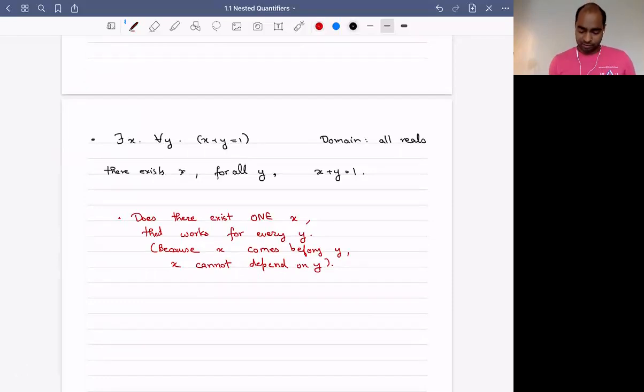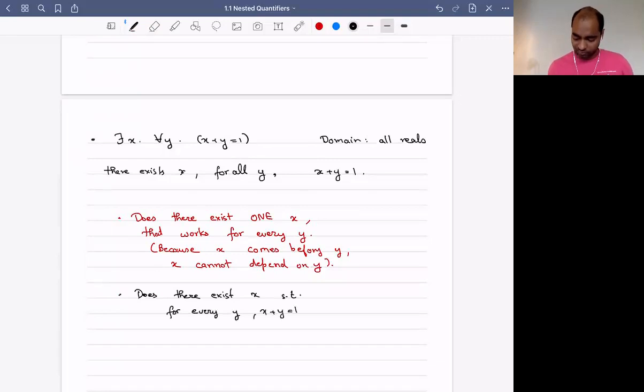And let's check. So the thing is, here you have to come up with an x just out of the blue, one that works for every y. Now we're coming back to our original problem. Does there exist an x such that for every y, x plus y equals 1?